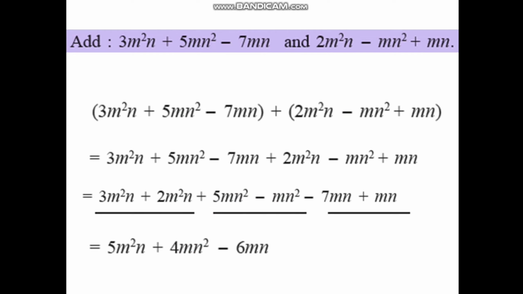And in the last pair of like terms, we have minus 7mn plus mn. So minus 7 plus 1, we will get minus 6mn. So this is the polynomial that we get after adding these two polynomials. The polynomial we get is 5m square n plus 4mn square minus 6mn. So this is how we can add any two polynomials.